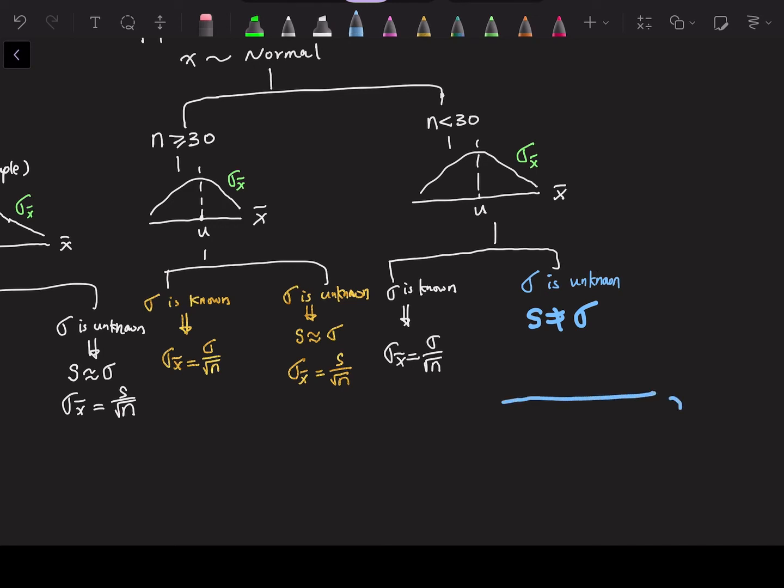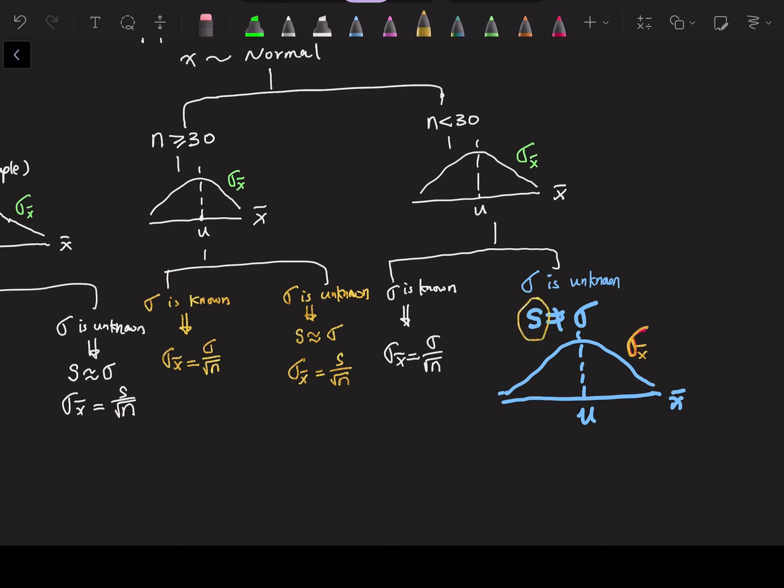So this x bar follows a nearly normal distribution, and the mean of x bar always equals the population mean, and then there is the standard error of x bar. Now you can only use s, because s is a sample statistic.